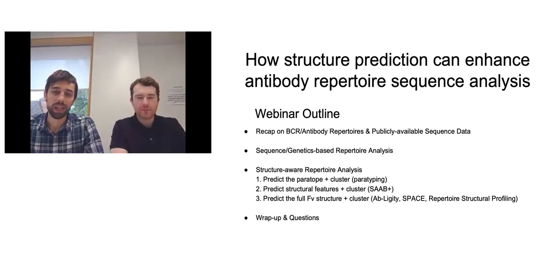So we hope in this section, which is really the main body of the webinar, to recap a little bit about BCR and antibody repertoires, why they're interesting, why we study them, and what's out there in terms of data on these things.